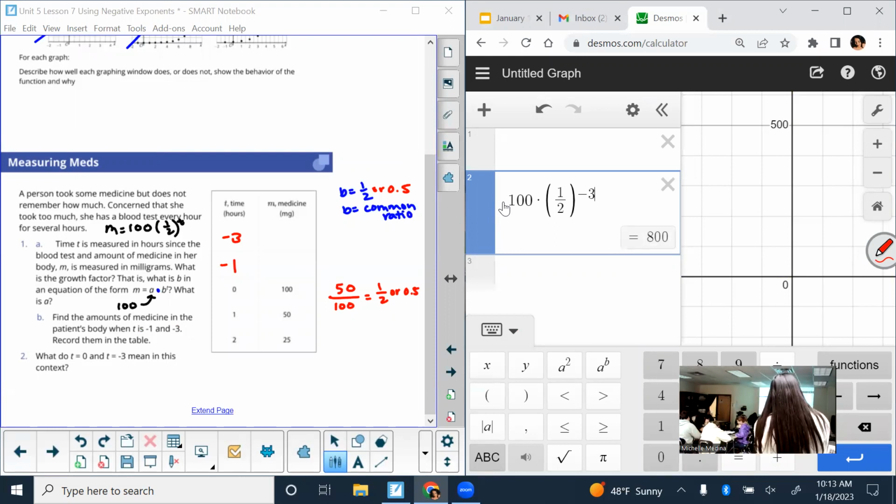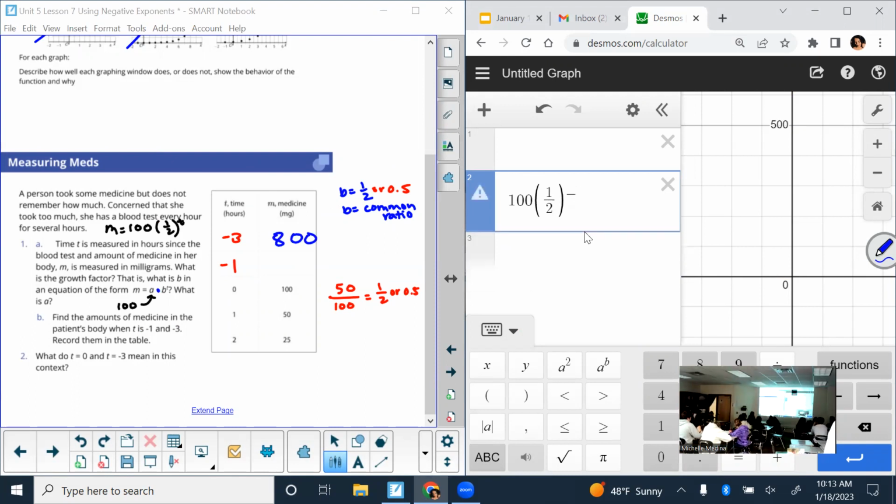If you're getting something different, you're probably typing it in wrong. Like earlier, someone put a minus right here. Yeah, that's going to change your answer. It has to be times right there. So just small little mistakes you can make. What about when the T is -1? 200. If you're getting something different and you're not sure why, let me know.